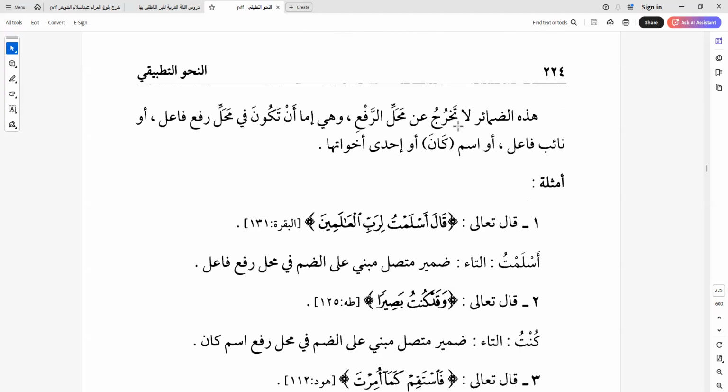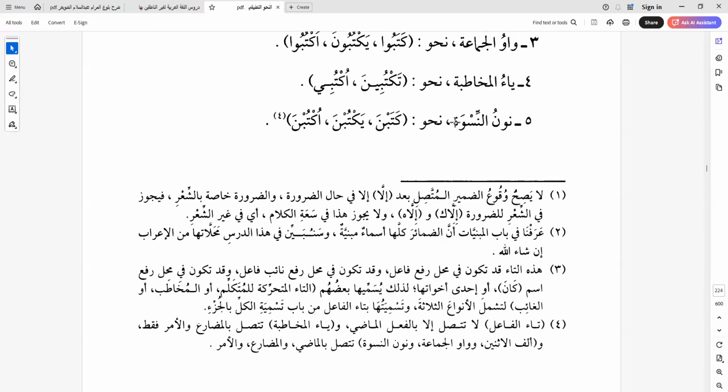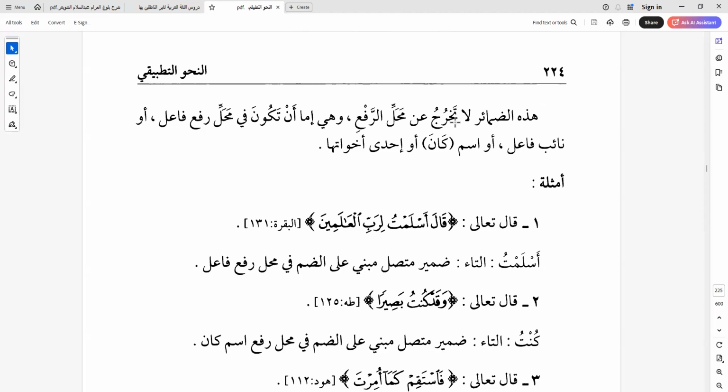So all these pronouns لا تخرج عن محل الرفع.